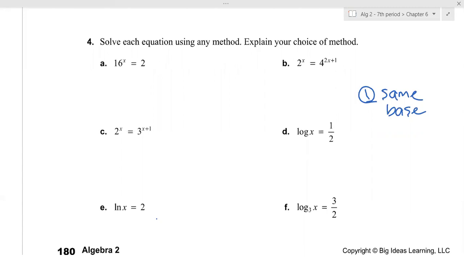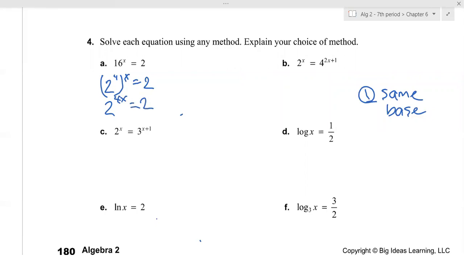Okay, so here's what I mean by that. In part A, 16 is the same as 2 to the 4th power. If I turn 16 into 2 to the 4th, x, and then this one is already 2, it's like 2 to the 1st power, then I'm really looking at 2 to the 4x is equal to 2.